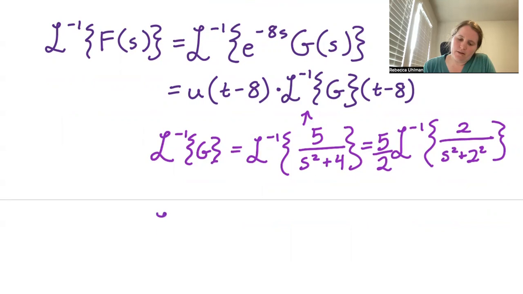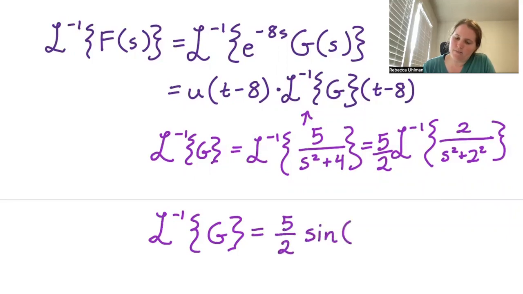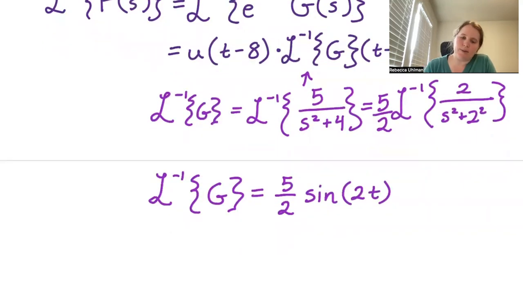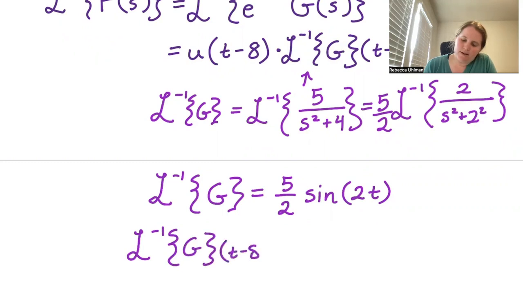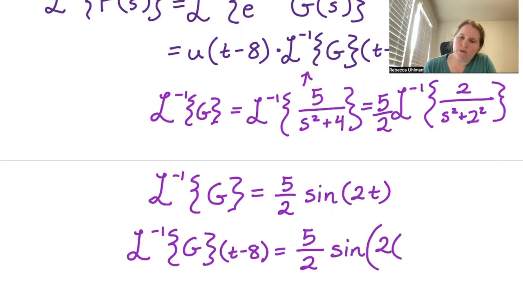So the inverse Laplace transform of G is 5 halves times sine of 2t. And then, of course, we want this evaluated at t minus 8. So the inverse Laplace transform of G evaluated at t minus 8 would be 5 halves times sine of 2, and then we replace t with t minus 8.